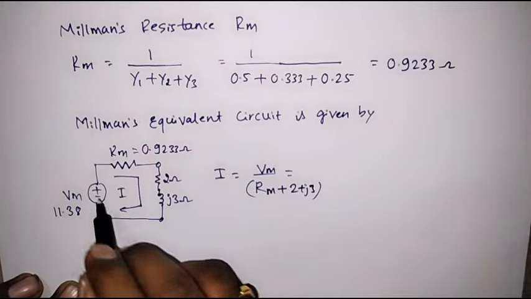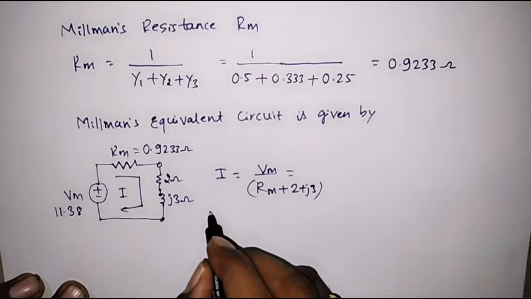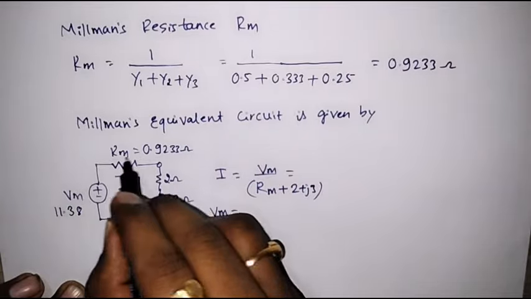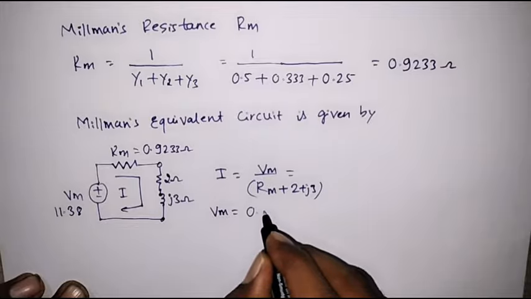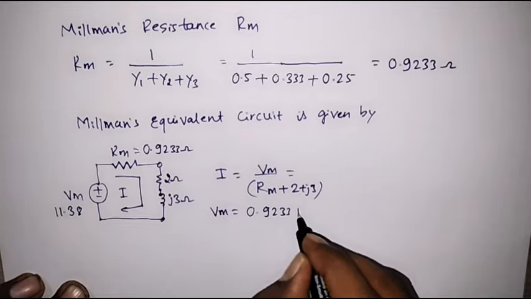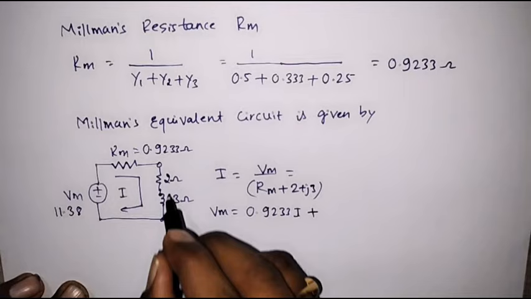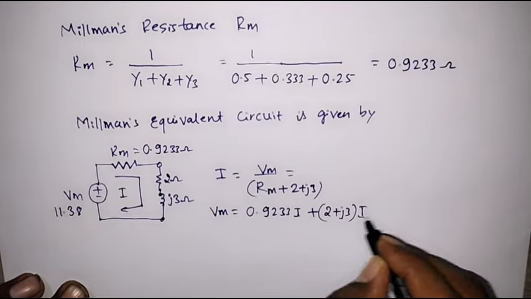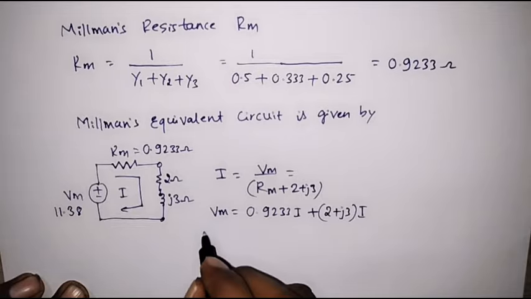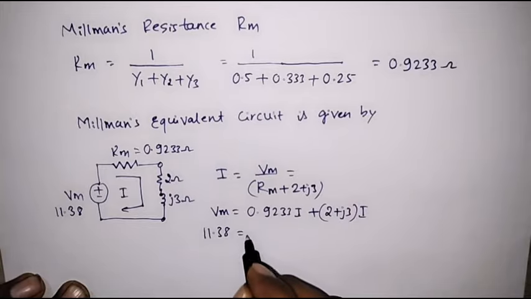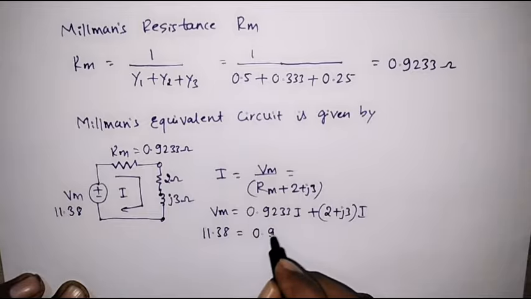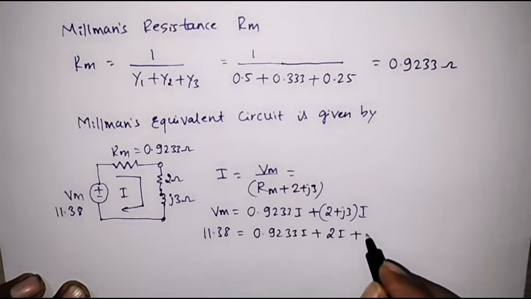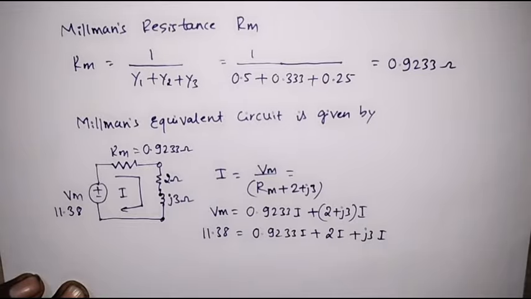Or we can apply KVL to this circuit, that is Vm is equal to I into Rm plus the impedance, so 11.38 is equal to 0.9233 I plus 2I plus J3I.